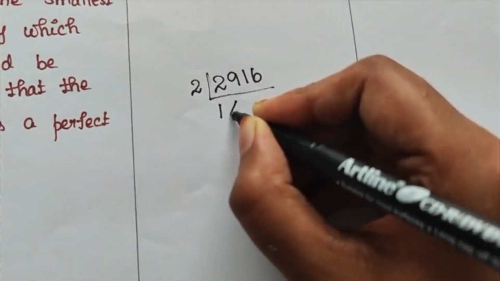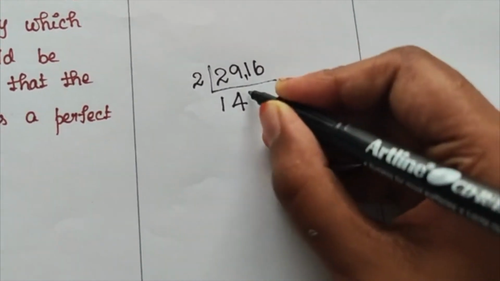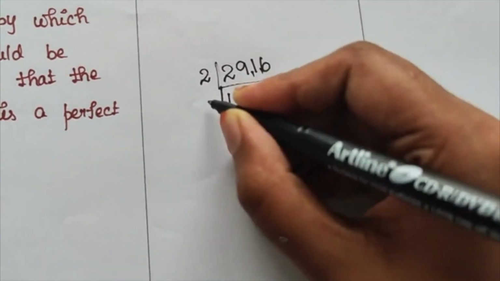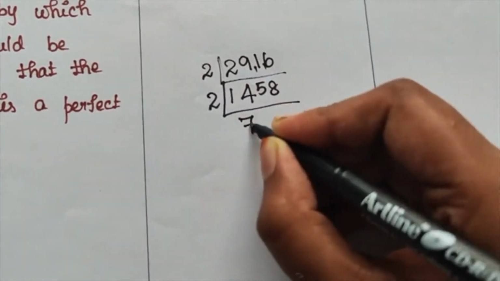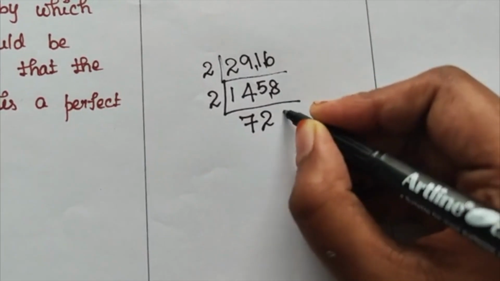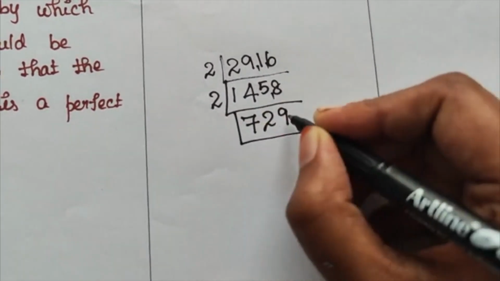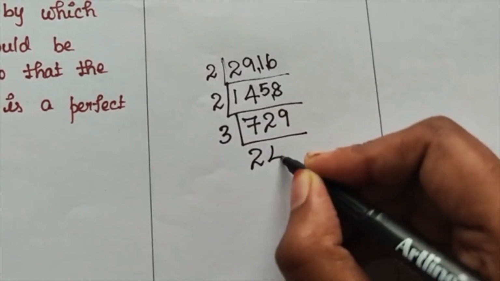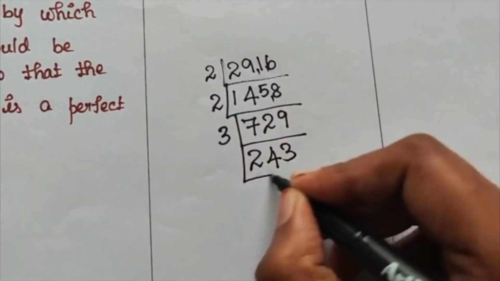1 time, 4 times, remainder 1, 5, remainder 1, 8. Again using the 2 table, 7 times, 2 times, remainder 1, 9. So 729, I can use the 3 table. If I use the 3 table, 243 times.